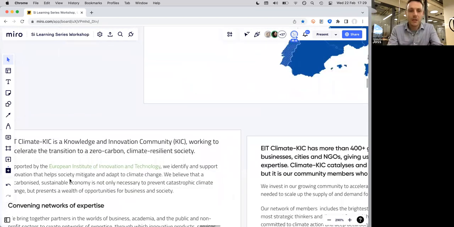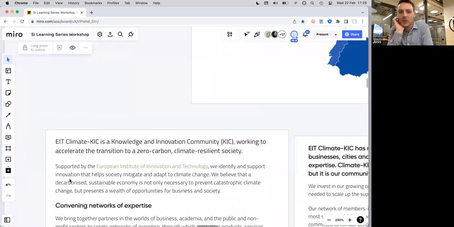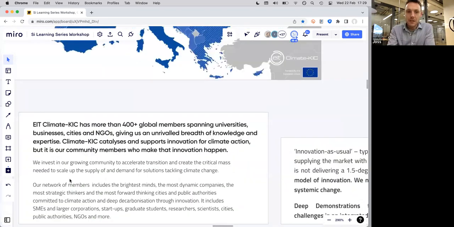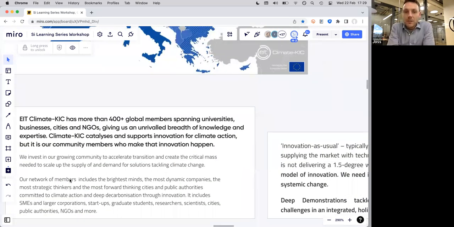Climate Kick is a knowledge and innovation community working to accelerate the transition to a zero carbon, climate resilient society. It has more than 400 global members spanning universities and so forth. Climate Kick catalyzes and supports innovation for climate action, but it is our community members who make it happen.